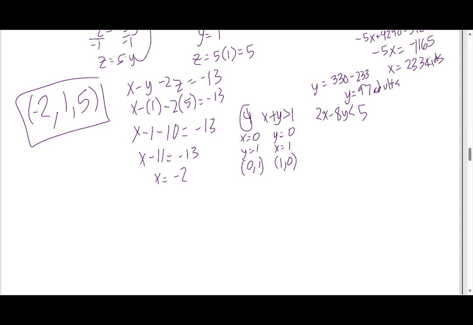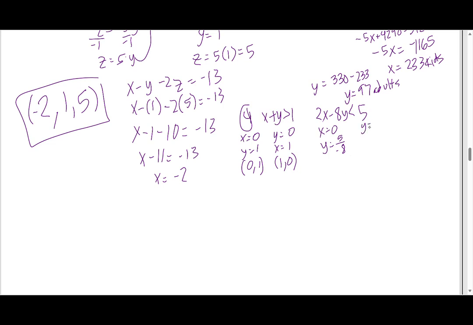Okay, let's go ahead and do the same thing with the other equation, and we'll look at what the graphs look like. So we're going to have 2x minus 8y is less than 5. So x is 0. I just kind of ignore this first part. Divide by negative 8, and y is 5 over negative 8, or negative 5/8.